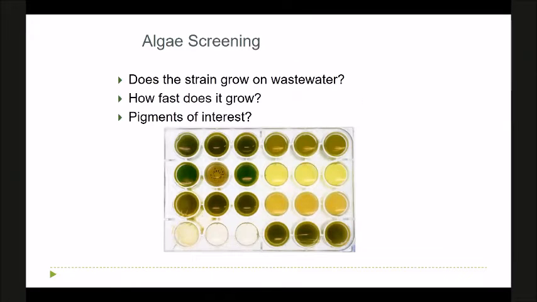So the way we're going to work is to have a lot of experiments in microtiter plates to do a lot of screenings on different conditions.